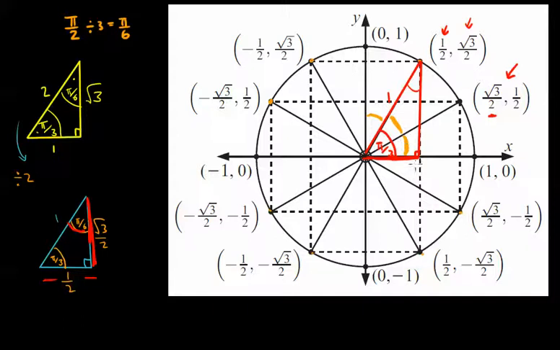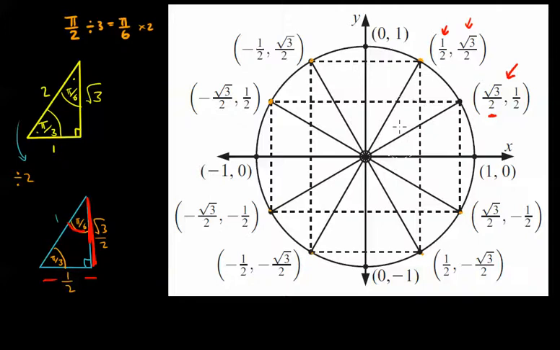These little bits are all pi over 6. Okay, but I've got 2 of them here. Okay, if I times that by 2, I get pi over 3, right? So that's why this red angle is pi over 3, but each one of these little bits is pi over 6. So that's where that coordinate comes from.